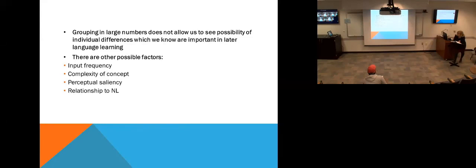There's also the complexity of the concept itself. I don't think anyone would argue that one wug and two wugs is less complicated than the idea of ing, of present participle, for example, and how if something is in motion or even not in motion, you need to use the ing, right?